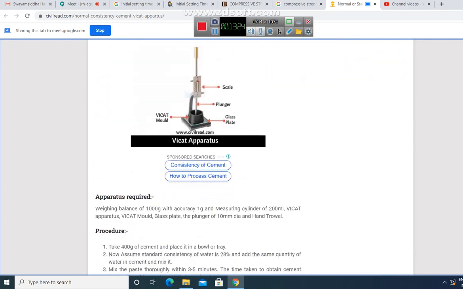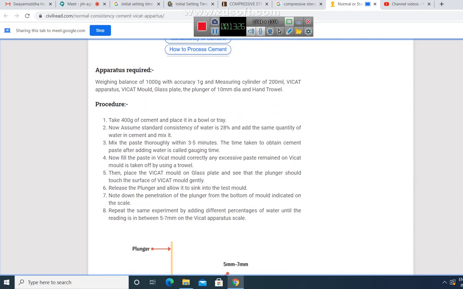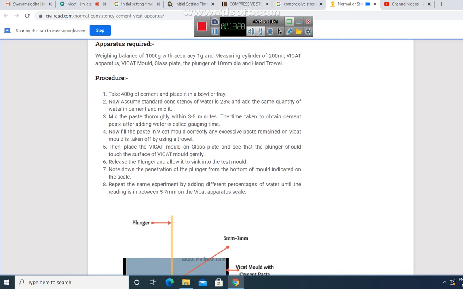So let us see what is the procedure. You are taking 400 gram of cement in a bowl or a tray. Now you are assuming that 28% is the standard consistency, and 28% of water is added into the cement, and you are mixing it, thoroughly making the cement paste.